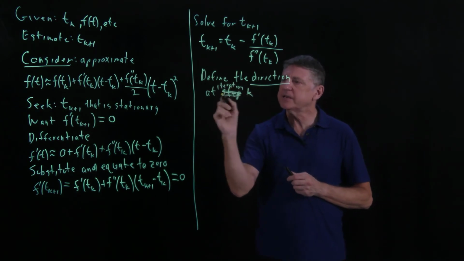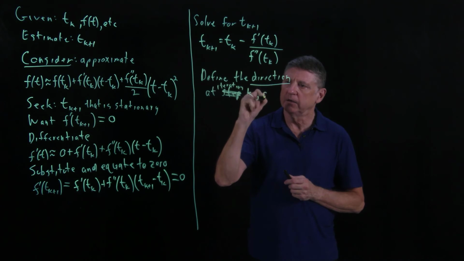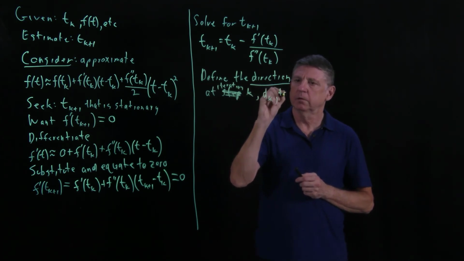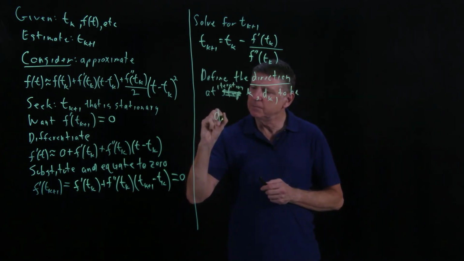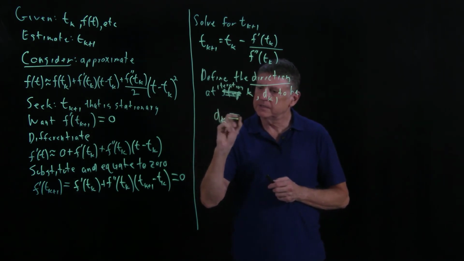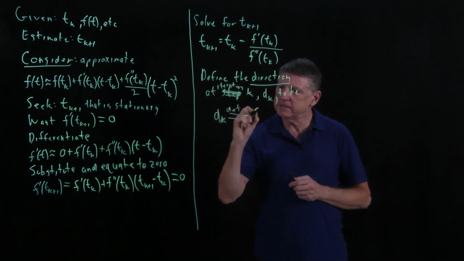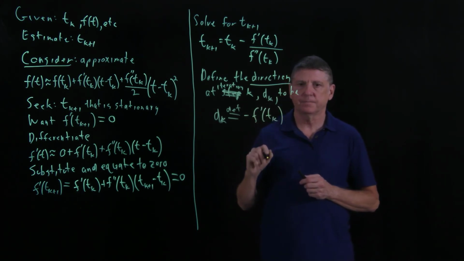So define the direction at iteration tk, and we'll use the symbol d sub k, to be equal by definition to minus f prime at tk.